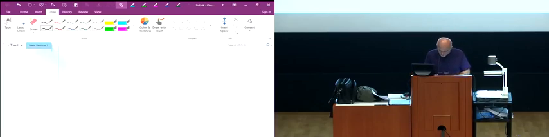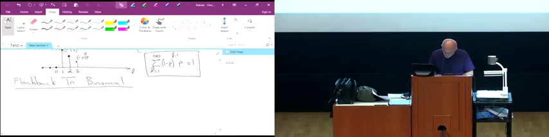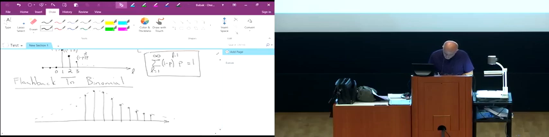When you plot the binomial probability mass function, I'm going to draw an envelope, you get lollipops that progressively more closely follow the bell-shaped curve of the Gaussian or the normal distribution. This is for n large.